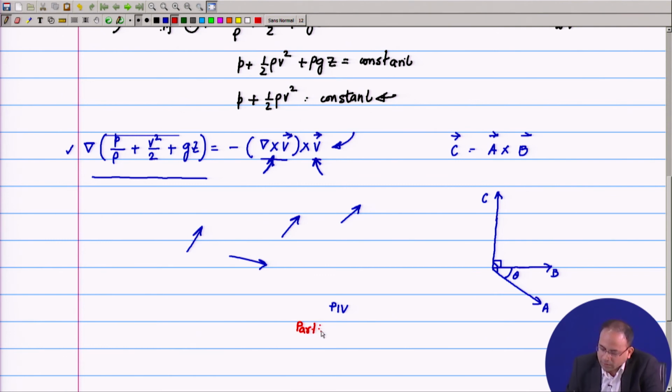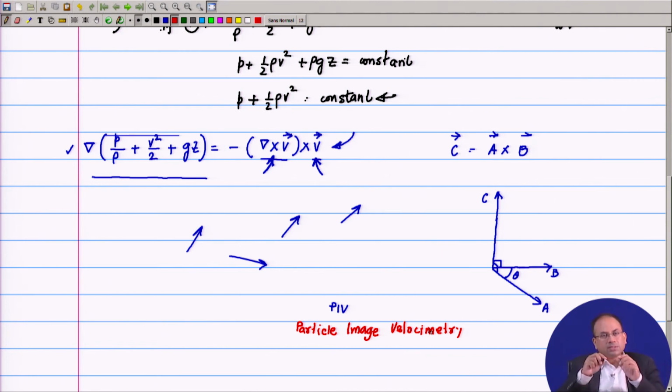So, there is something called particle image velocimetry, or particle imaging velocimetry. As you understand, velocimetry is something to do with the velocity.